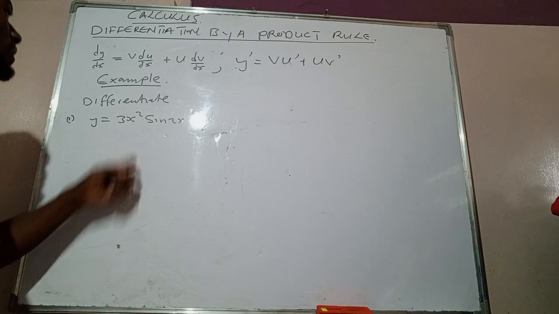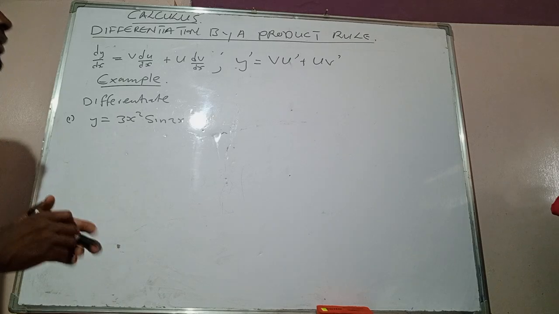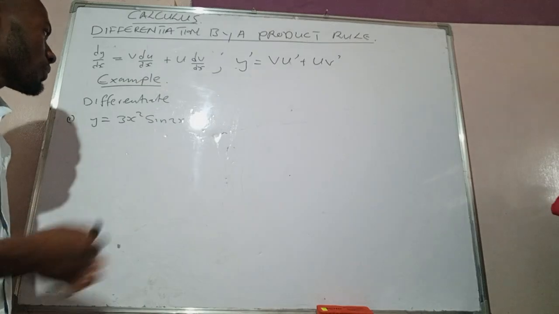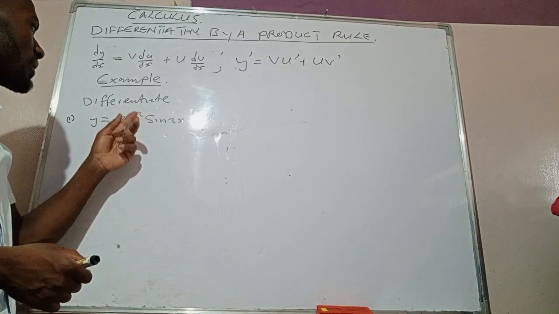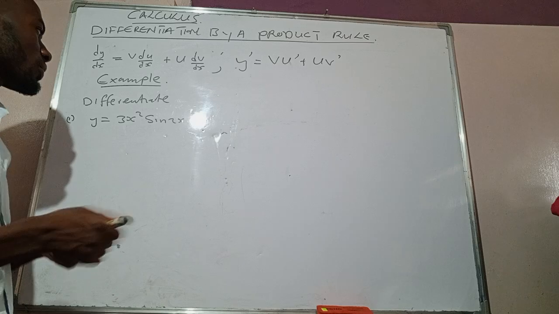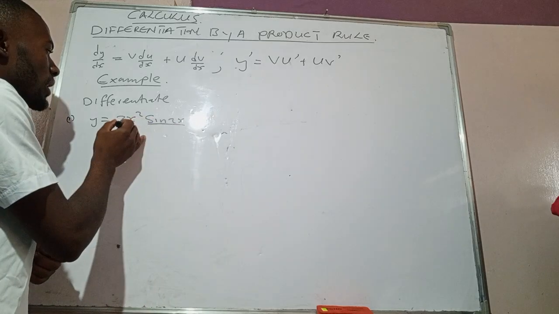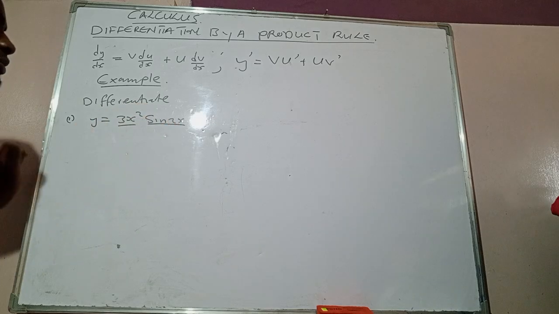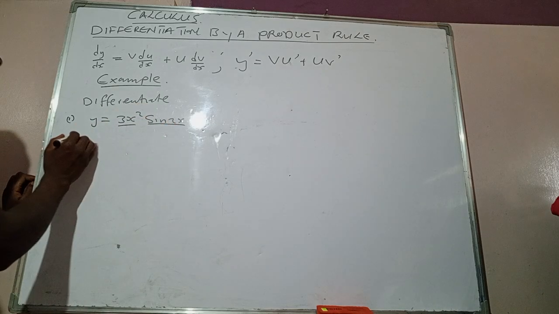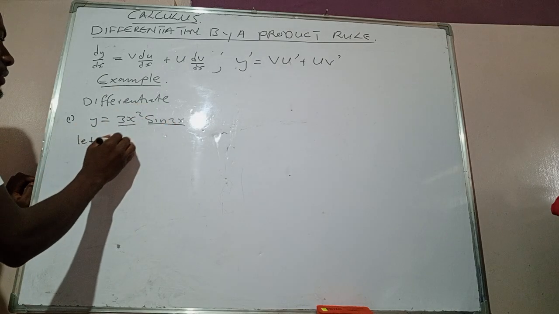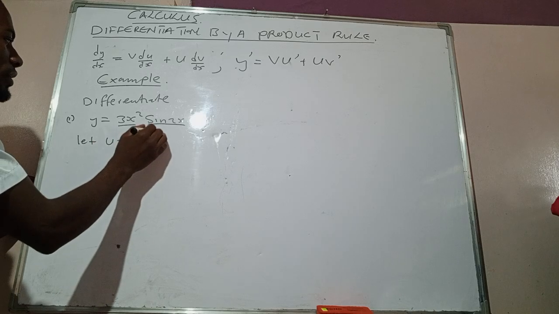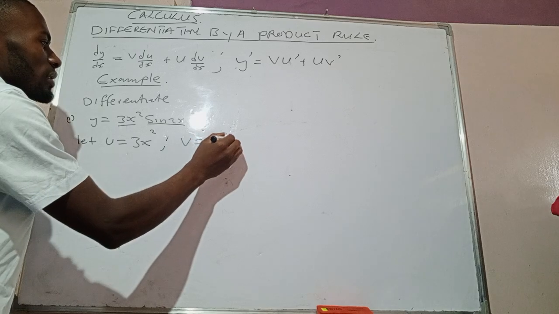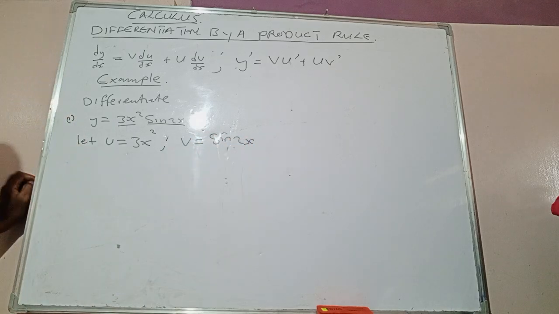If we look at this type of equation, the word product means you've brought two things together, you multiply them. So we have 3x squared, we have also sine 2x. So we have two things here, we have this and we have that. The first one is going to be our u, the second one is going to be our v. So we say let u be equal to 3x squared and v be equal to sine 2x.